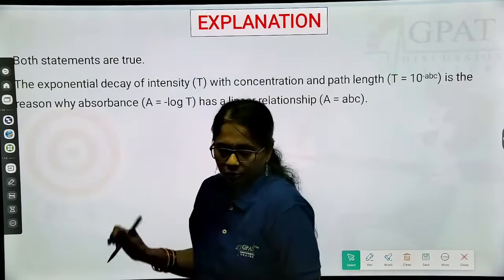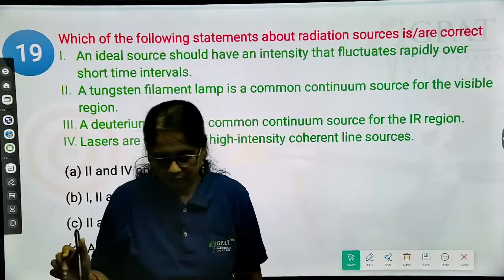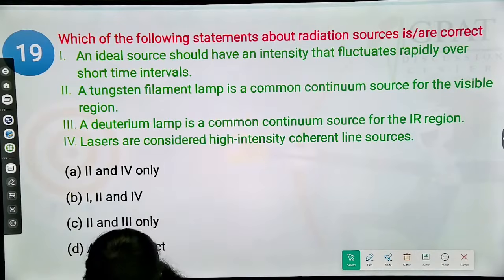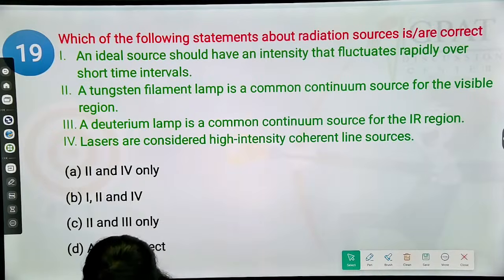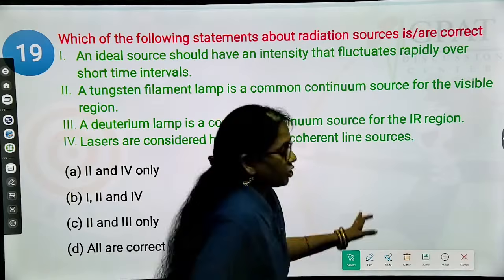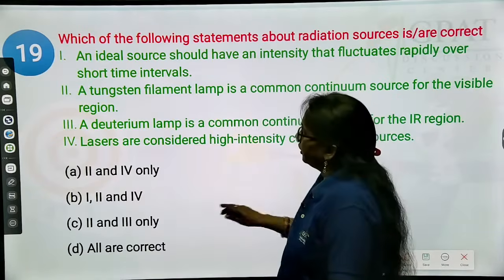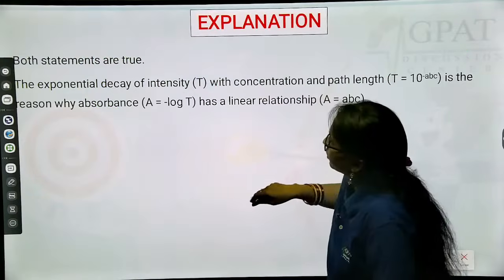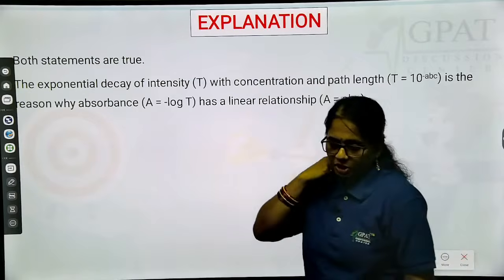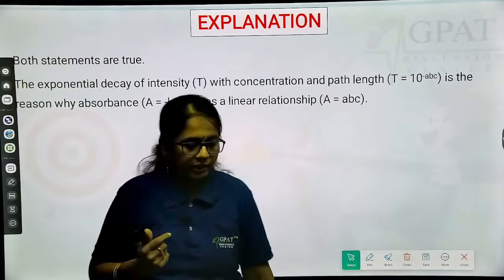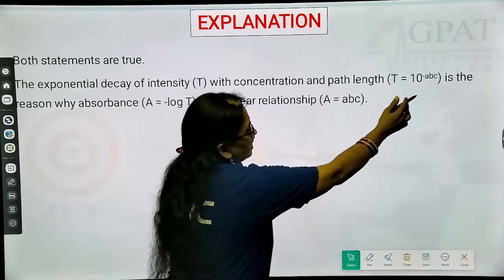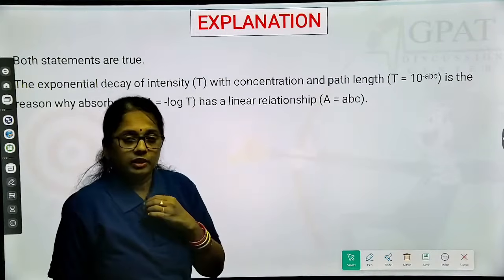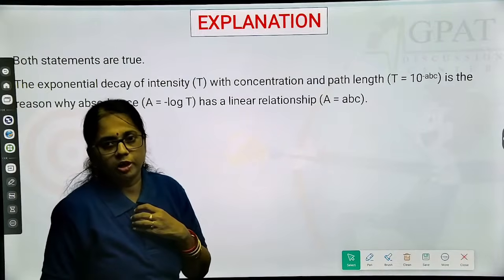I think no one has confused this one, right? So many have given the correct answer. Someone is asking why it is supporting. Actually, just now I have explained. Whenever transmission takes place, the transmission exponentially, if you are taking, means 10 to the power of minus abc. That is also one of the formulas related to that.